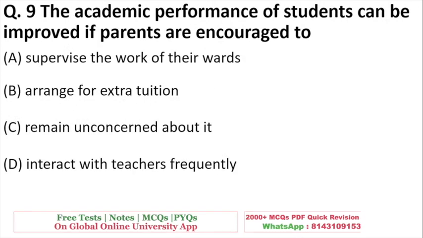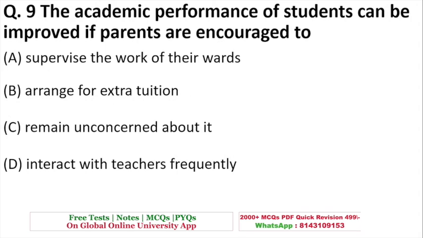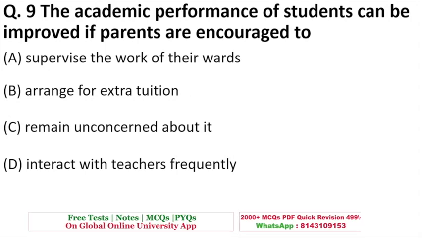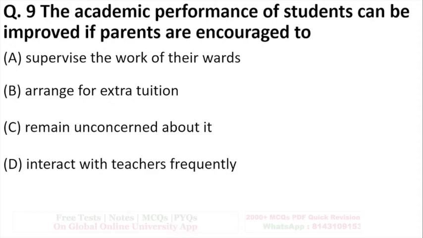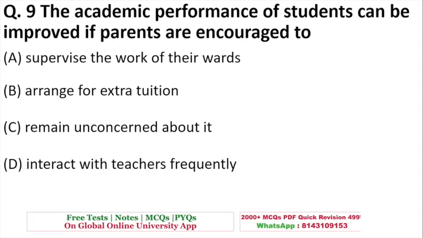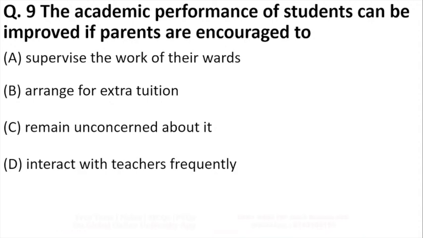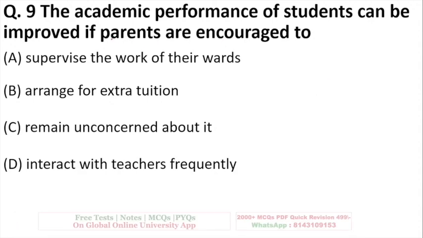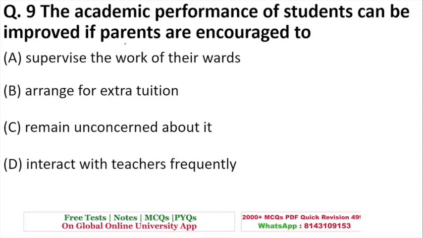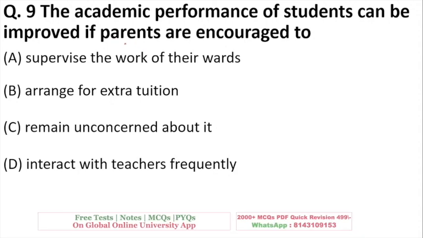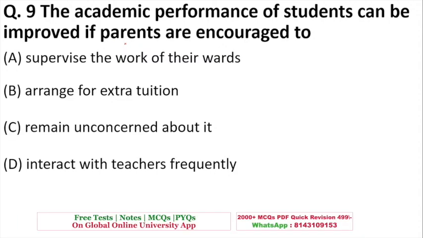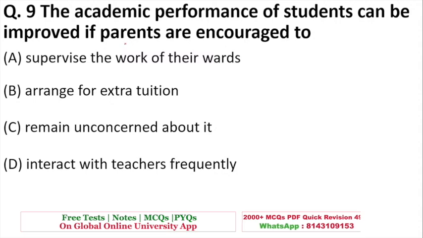The academic performance of students can be improved if parents are encouraged to. So if we want to improve the marks, the percentage the students are scoring, what should the teacher encourage the parents to do? The parents should supervise the work of their wards.